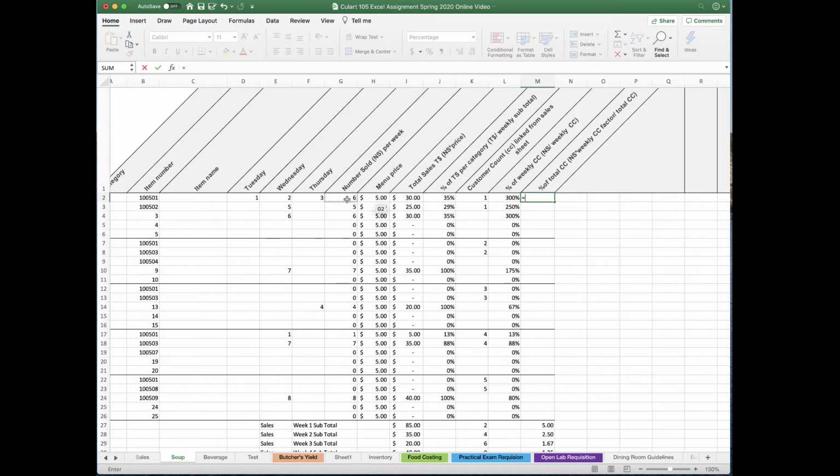All right, so now that we've got that number, equal number sold times the weekly customer count factor, we're going to have to put our dollar signs in, and we're at M27. See, now it's highlighted.